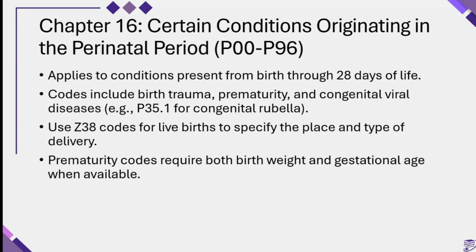For prematurity, both birth weight and the gestational age are absolutely crucial for coding accurately, but also ensure that the physician documents it as prematurity. Conditions like congenital viral disease, such as P35.1 for congenital rubella, are also important to understand.